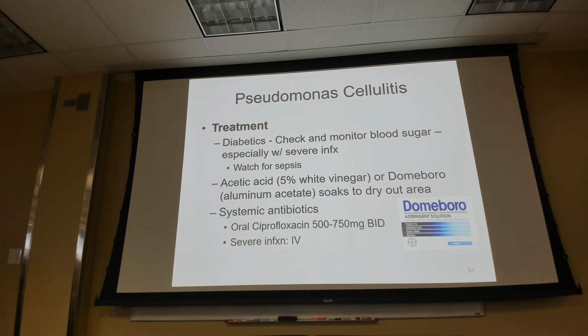What we will do is if it is not widespread, if it's not severe, then again, acetic acid. So if these are mild, then acetic acid it is, because we're about to talk about it a few times. If it's systemic antibiotics, because it's severe, then again, it's the exact same thing, Cipro twice a day for 5 to 10 days.